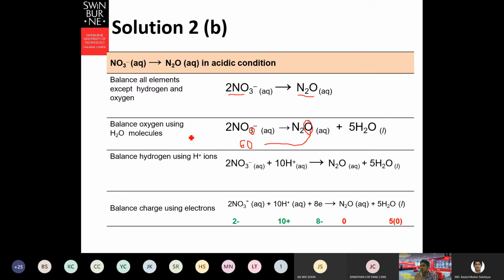And here there is already one taken, so what is left is 5 oxygen atoms, not 50, it is 5 oxygen atoms.